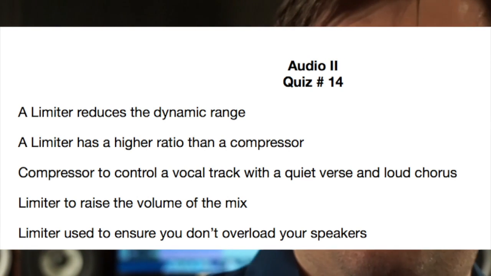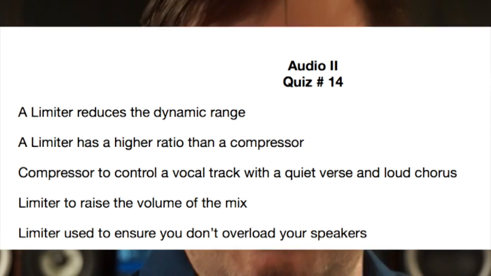And I'll even go so far as to throw these numbers at you because I'm not afraid to use numbers. Compressors, the ratio is 3-to-1. Limiters, the ratio is 20-to-1. Now, the real teacher in me thinks anything above 20-to-1 is going to be classified a limiter.